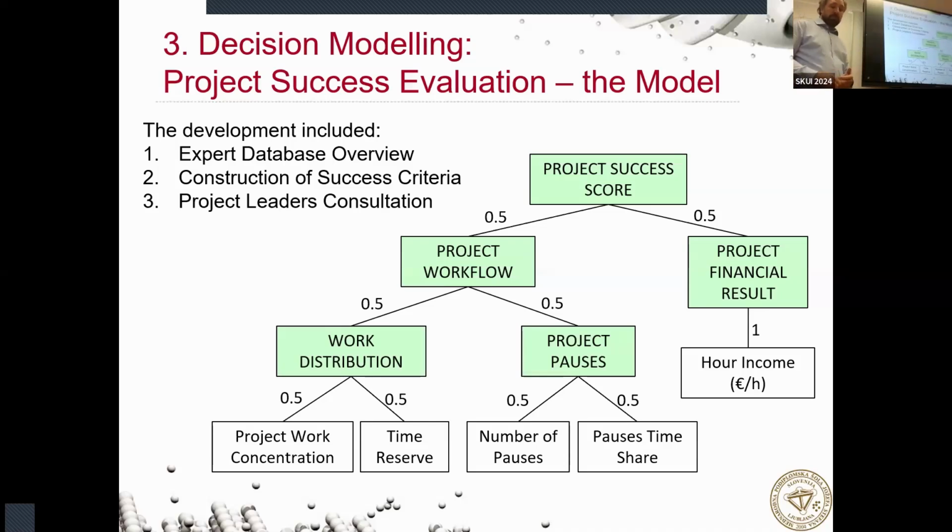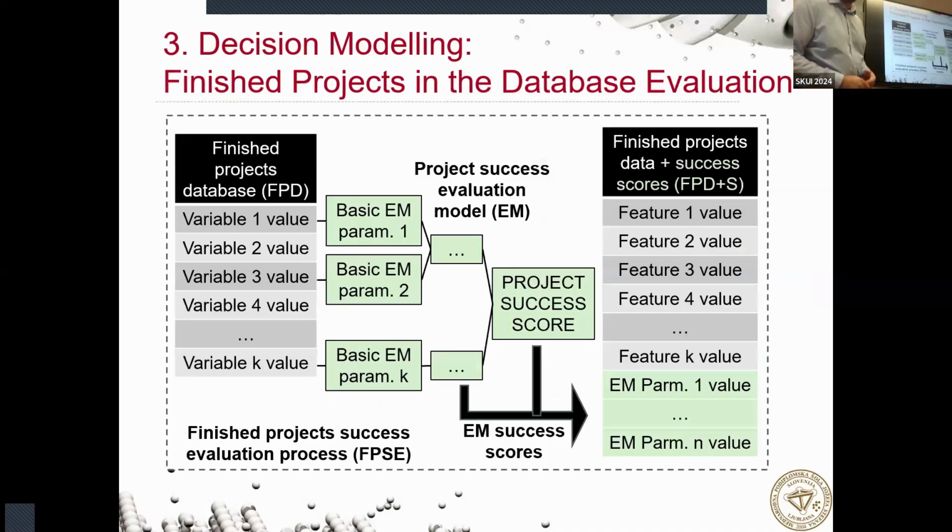This model was done based on discussions in the company, communications, interviews, and so on. This scheme shows how we evaluated all the finished projects in the database. Maybe I wouldn't go into details now.